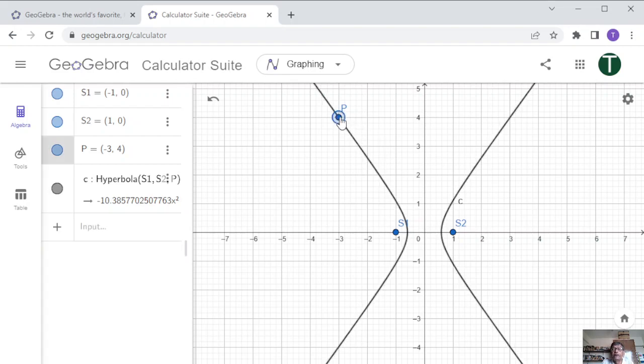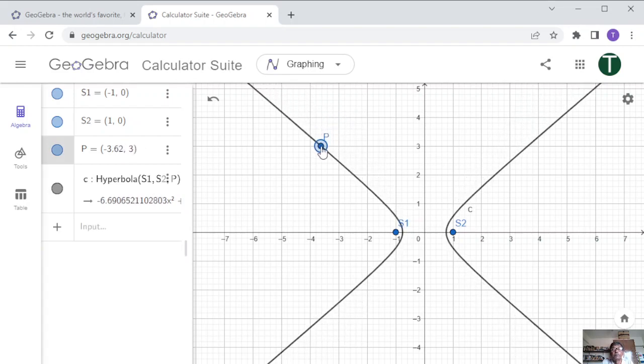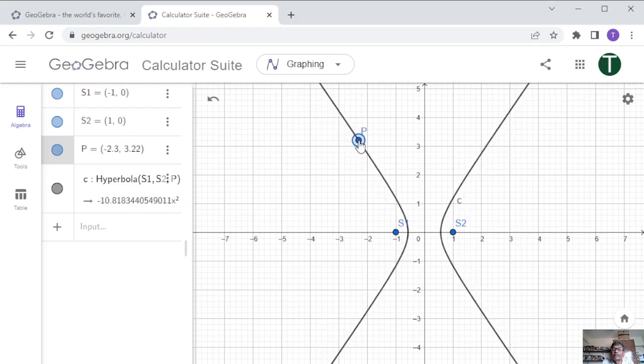If you change P, you will get different hyperbolas. But for a particular value of P and S1, S2, which I have already fixed, these three together make the hyperbola unique. Got the point?